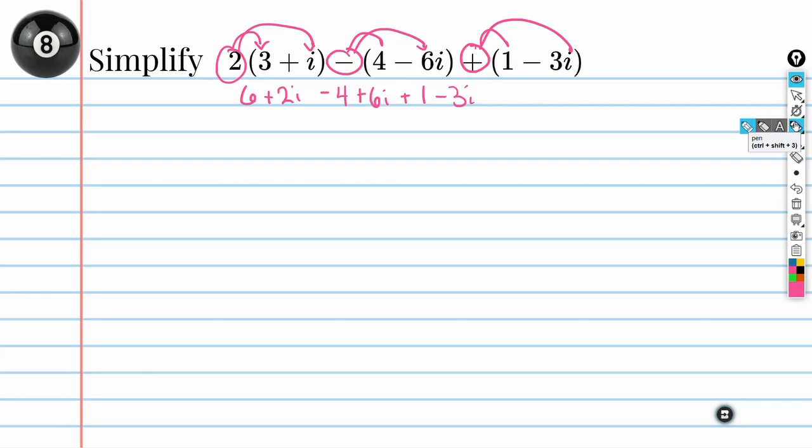And so here, we combine like terms. Let's get our real parts together. So 6 minus 4 plus 1. So that's going to be 2 plus 1, which is 3. Now let's get our imaginary portion together.